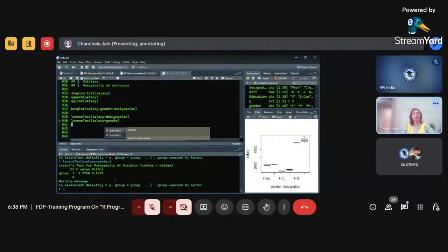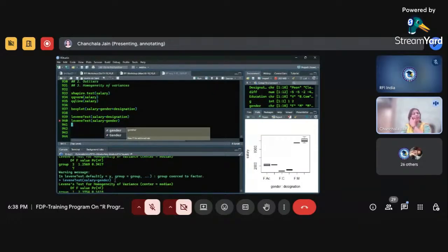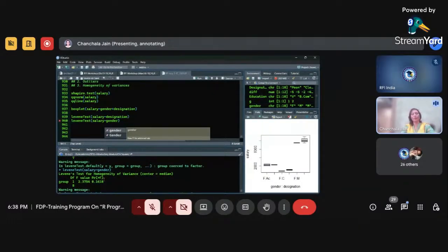In both cases, you can see the p-value is greater than 0.05. That means we can say that salary has the same variance across gender and also across designation.